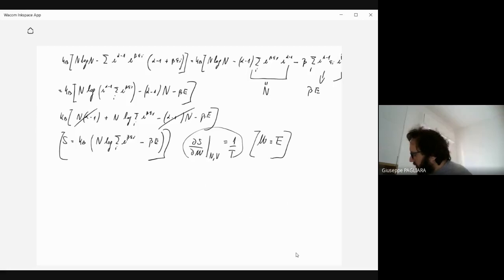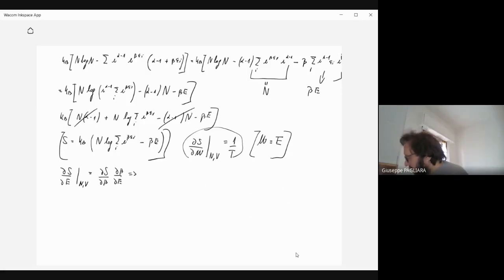Okay. So now I have to do this derivative. So the derivative of S with respect to E at fixed number of particles and fixed volume. Actually, the volume here does not play any role because they are localized systems. Now this is the derivative of S with respect to beta times the derivative of beta with respect to E by using the chain rule.